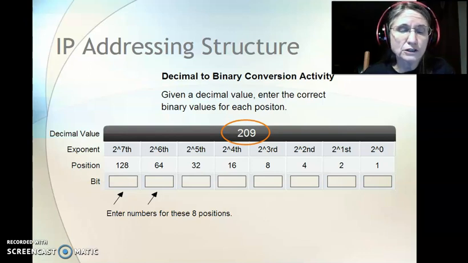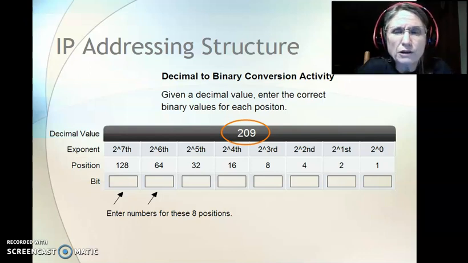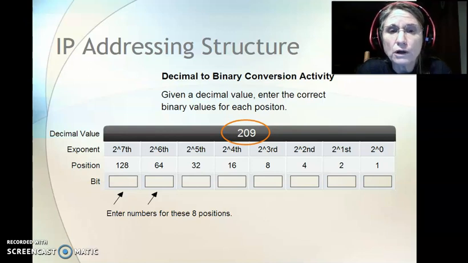IPv4, which is a structure where we represent devices using 32 binary bits. But since we human beings are not really great at remembering 32 binary bits, the structure that has been commonly used is one called dotted decimal.